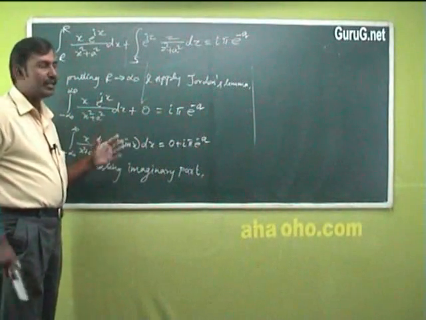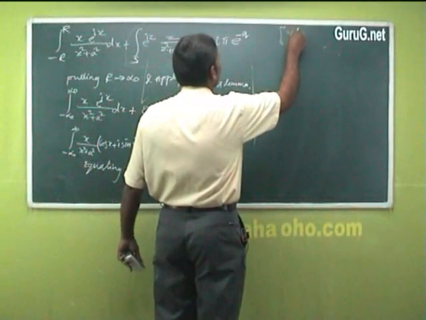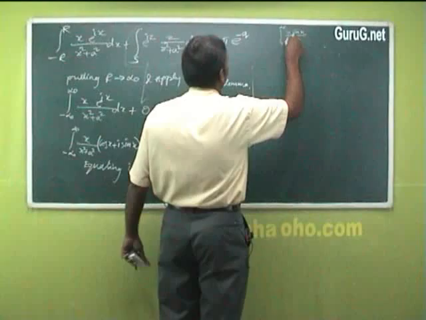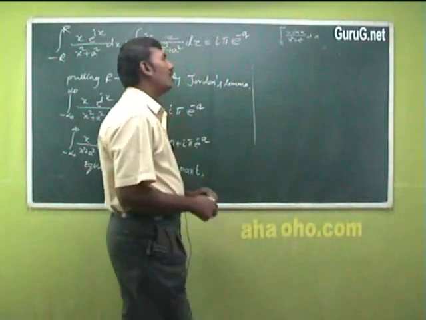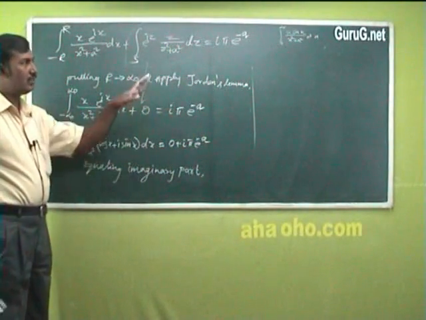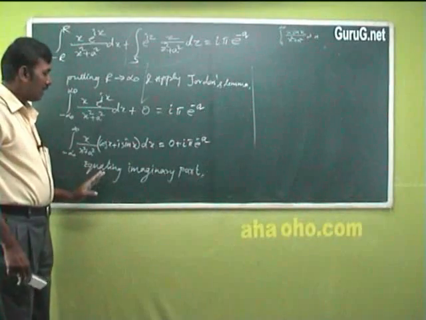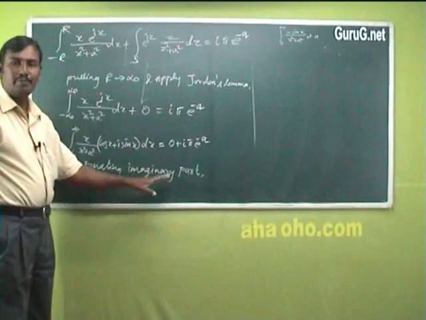Now, what do we have to find in the question? Integral 0 to infinity x into sin x by x square plus a square dx. So if it is cos x, equate the real part. Right? If sin x is there in the question, then you should equate the imaginary part. If cos x is there, then you should equate the real part.